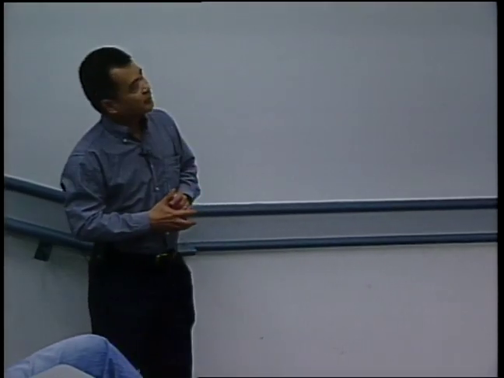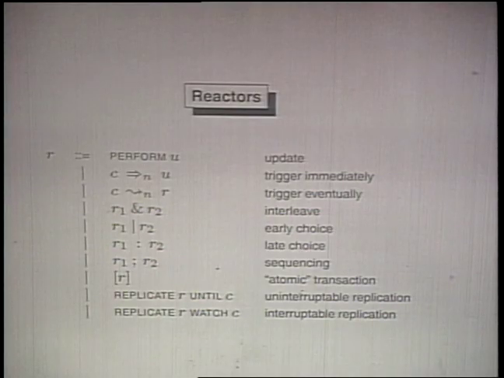I'm ready now to tell you the framework in its full generality, or its generality today anyway. So this is the abstract definition of the reactor framework we're proposing. A reactor may be, at its base level, an update.